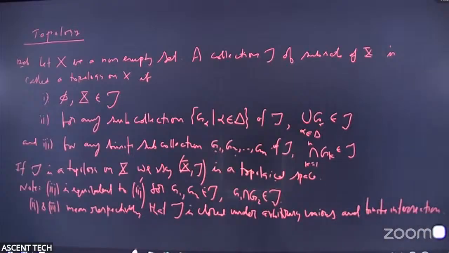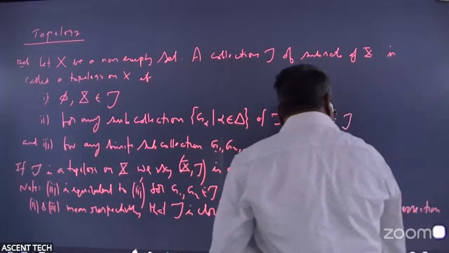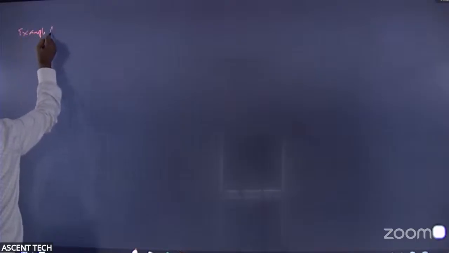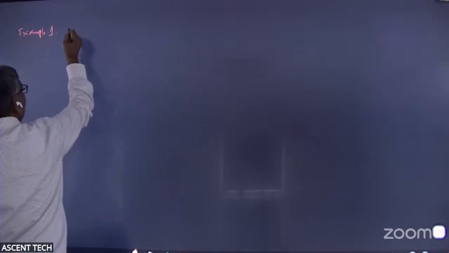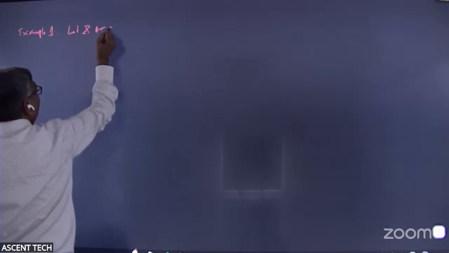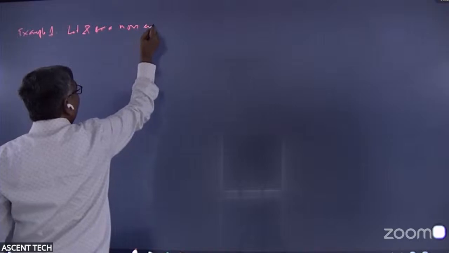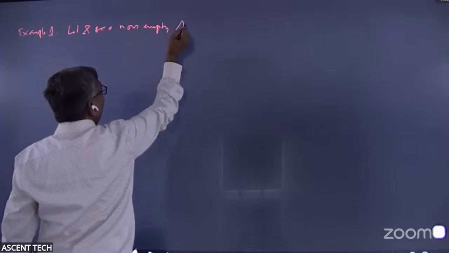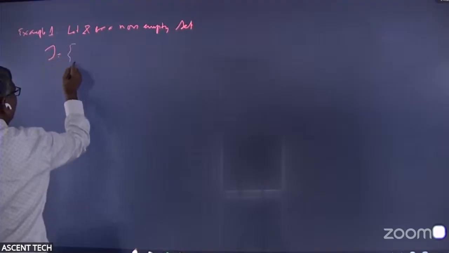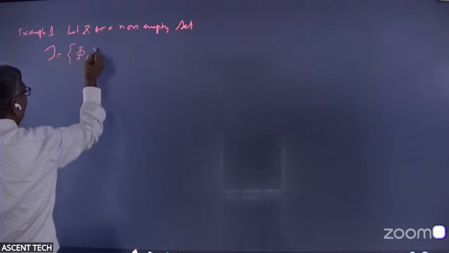Let's take some examples. Example 1. Take any non-empty set X, and in T, let us keep only the null set and the whole space.